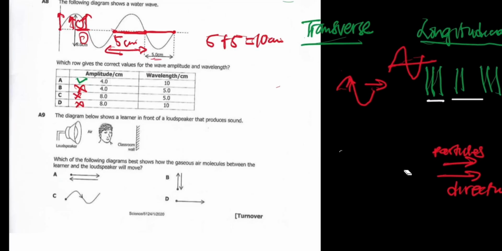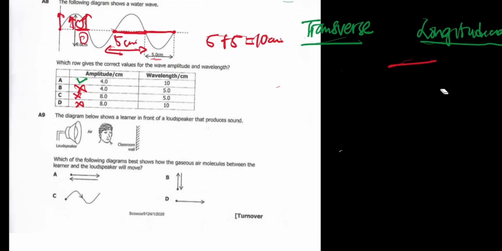Now this ties in with the next question, which is question 9. Question 9 is actually saying the diagram below shows a learner in front of a loudspeaker that produces sound. So keep in mind, sound is a longitudinal wave. So sound is actually longitudinal.